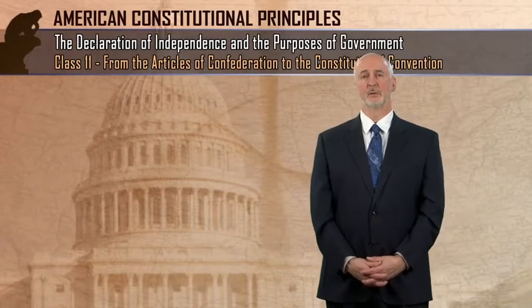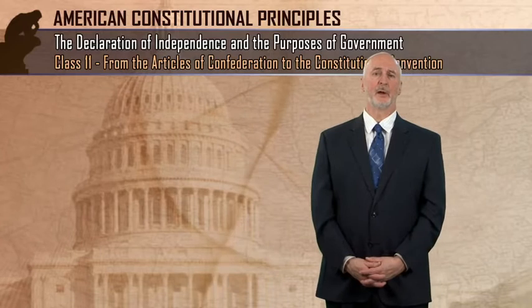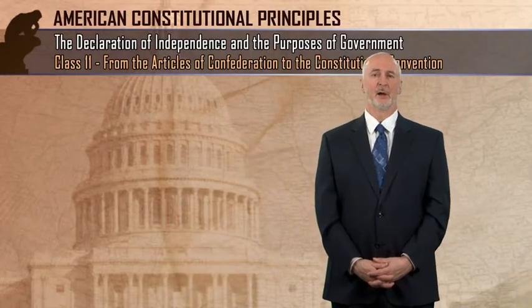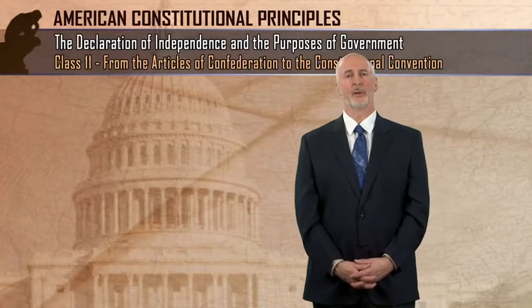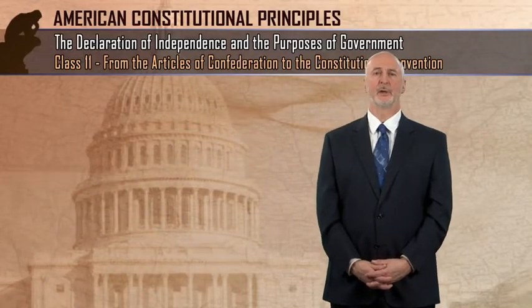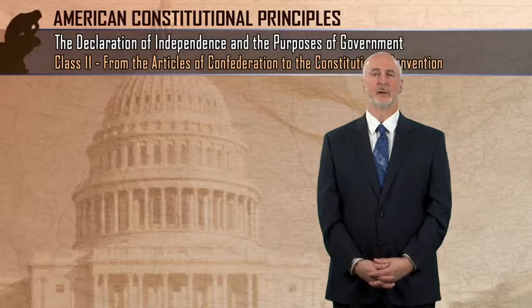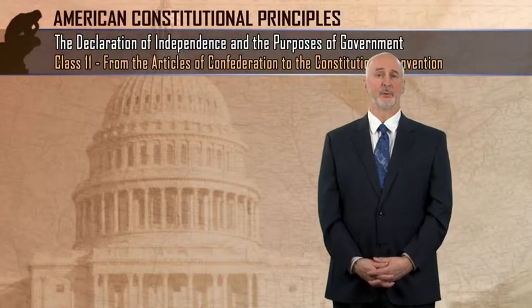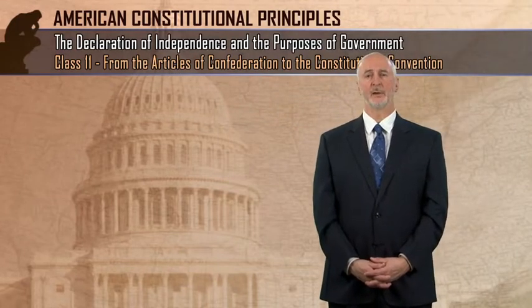This ended up being called Shays' Rebellion, and it really was pretty scary at the time. Exactly how far this mob would go, whether it would constitute outright rebellion, was a serious question, and it really put a scare into many Americans.